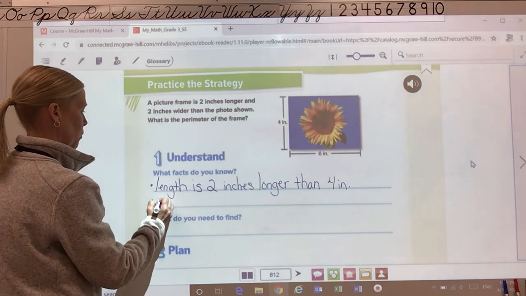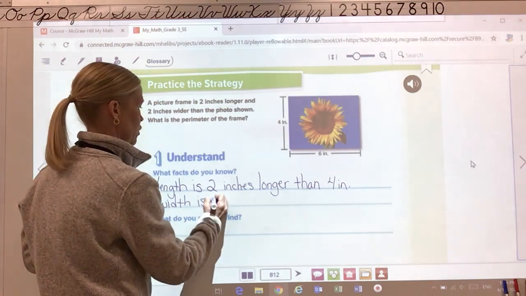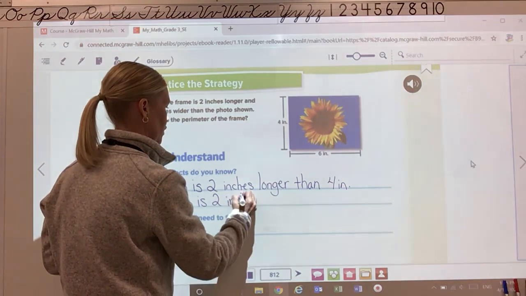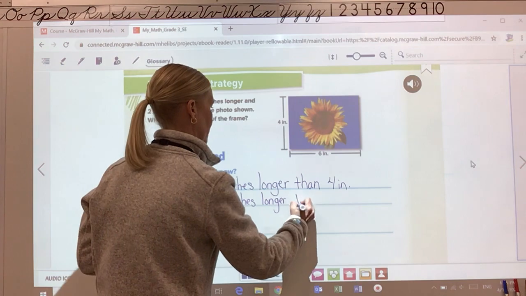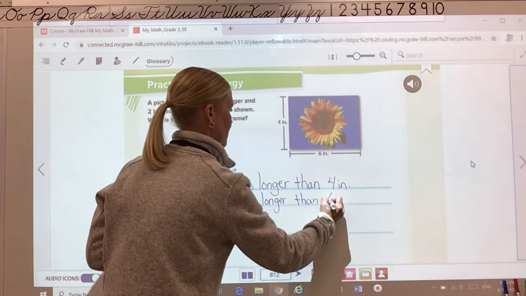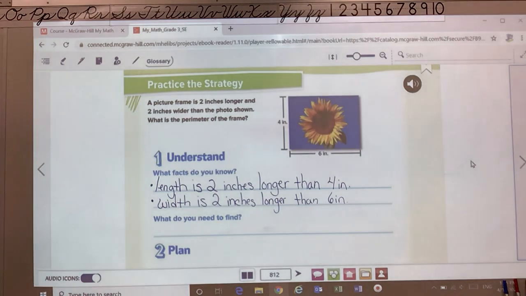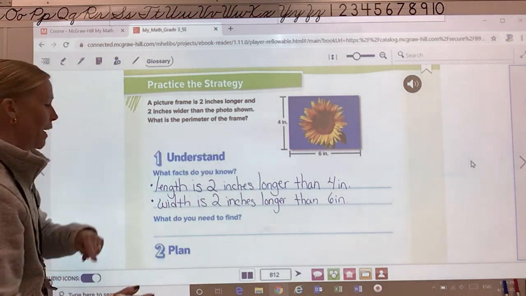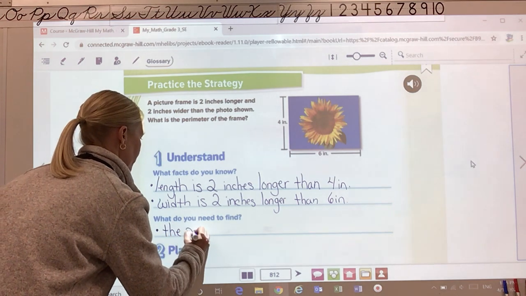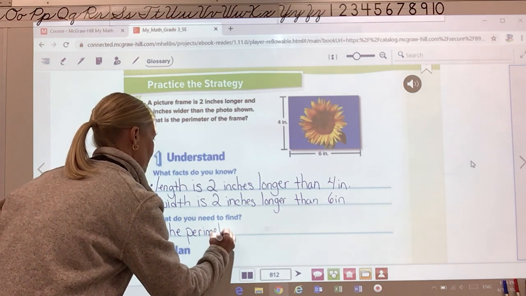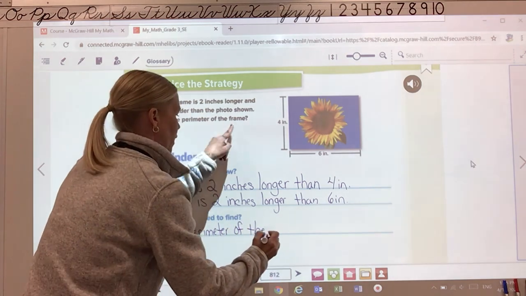And we know that the width is 2 inches longer than the 6 inches. What do we need to find? We need to find the perimeter of the frame.